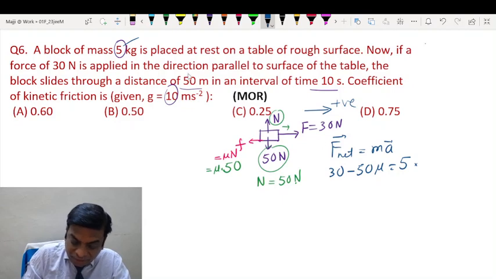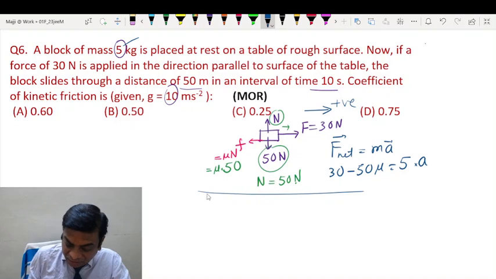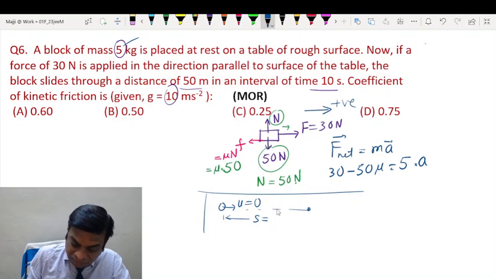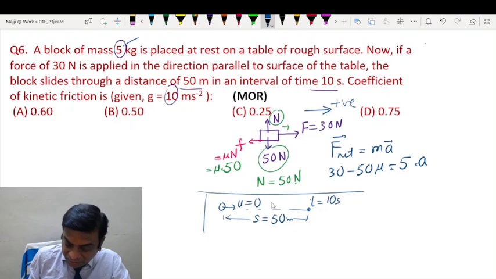Acceleration we can find this way. See, initial velocity is 0, the displacement is 50 meters, and it happens in time 10 seconds. We have to find a. So we use the formula s equal to ut plus half at square.